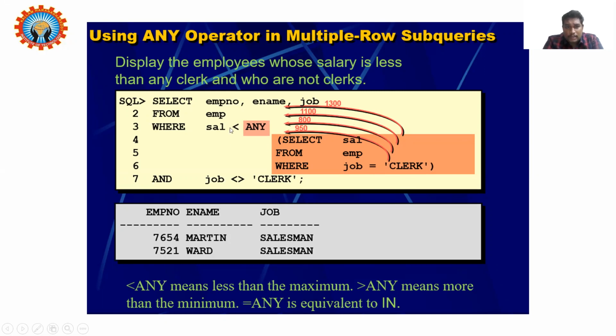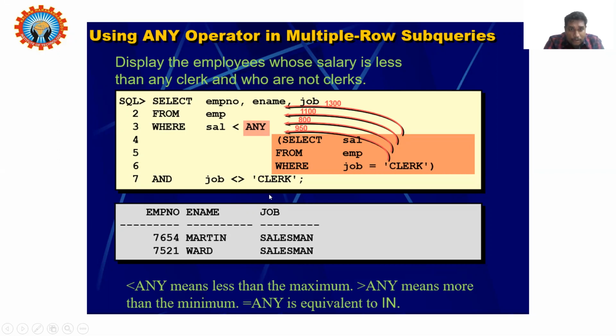Among the four rows, now we are comparing with the ANY keyword. Taking these four values and using less than ANY. Less than is a comparison operator, and ANY retrieves multiple values. Select employee number, employee name, job from employee with salary less than ANY. This gives the rows whose salary is less than those values.